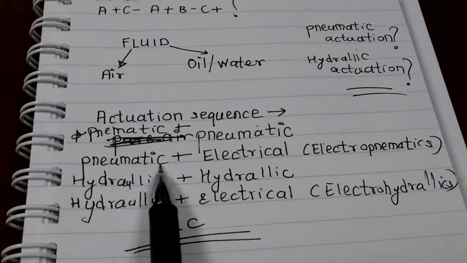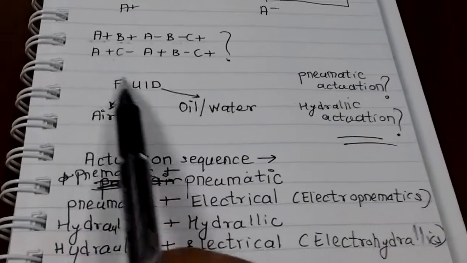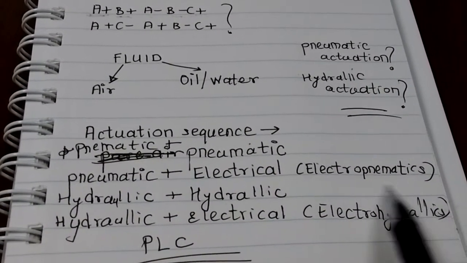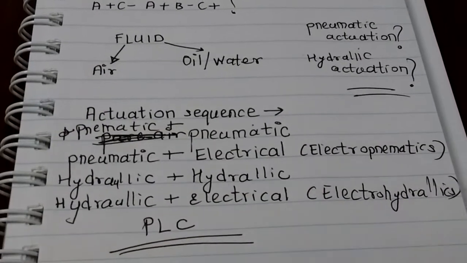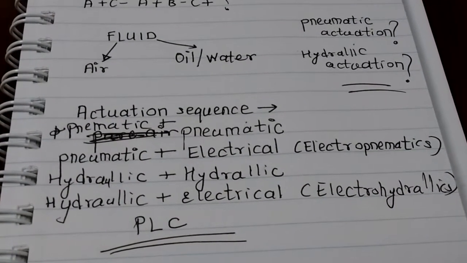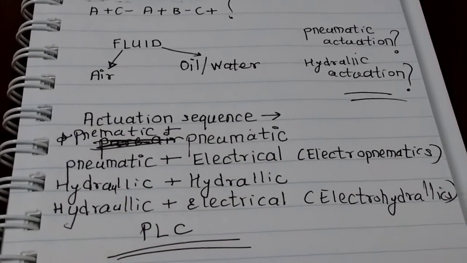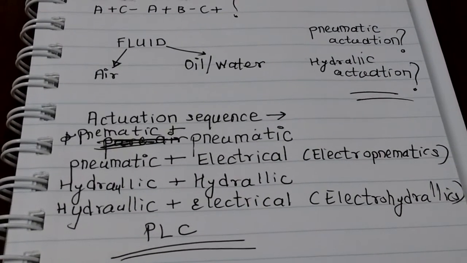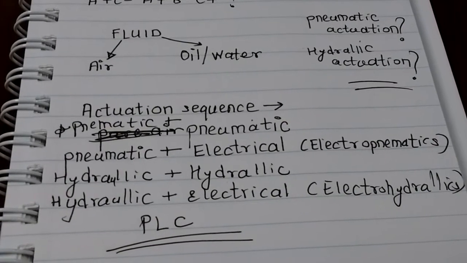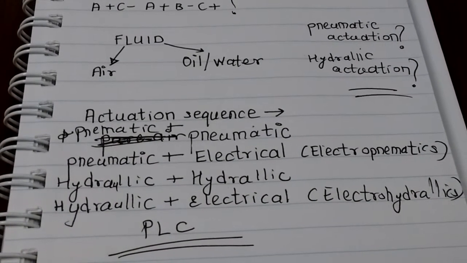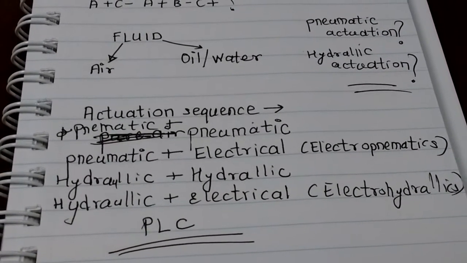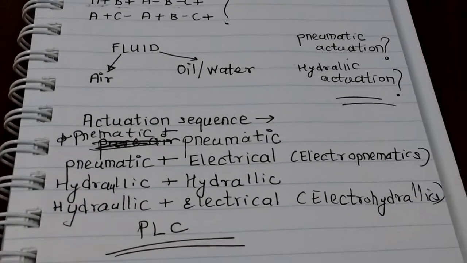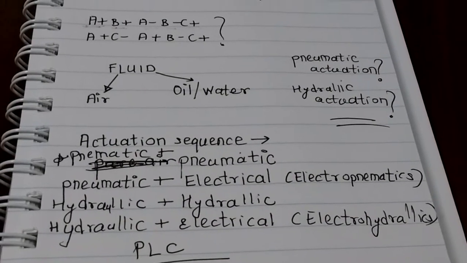If the fluid in the cylinder is pneumatic and I'll be doing the sequencing with an electrical circuit, then it is called electropneumatics. Similarly for hydraulics, if it is pure hydraulic for sequencing and actuation, then it's pure hydraulics. And if I am using an electrical circuit for sequencing and hydraulic fluid for actuating the cylinder, then it's electrohydraulics.